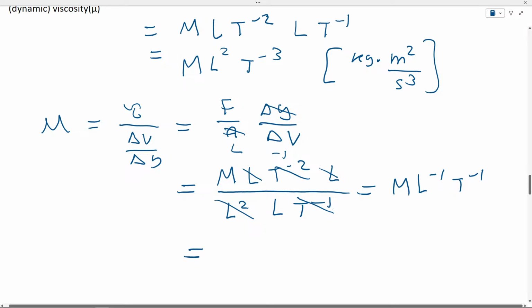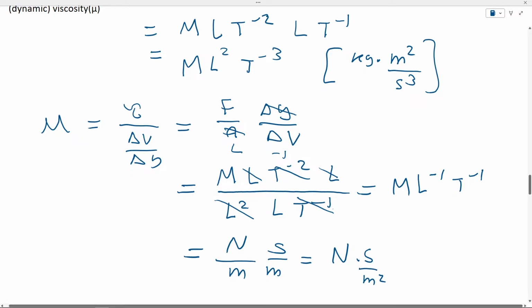So this is usually Newton, and that length would be a meter, and V is meter per second, so you can put the second here. So it would be generally given as Newton per second per meter square.